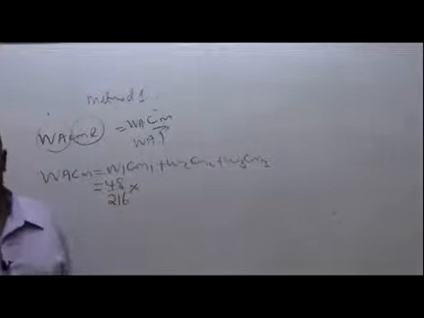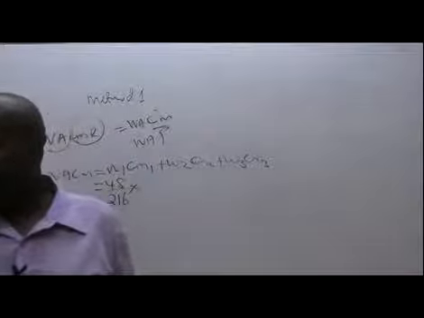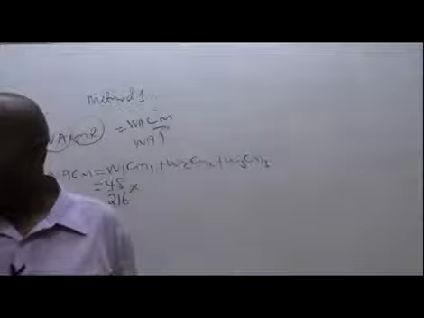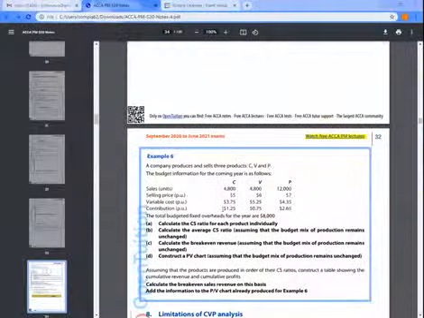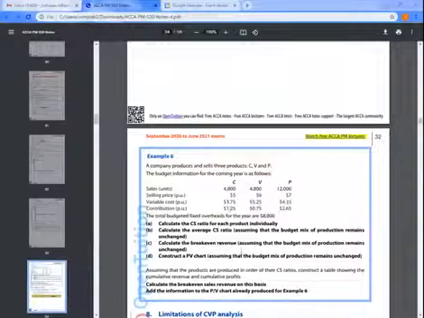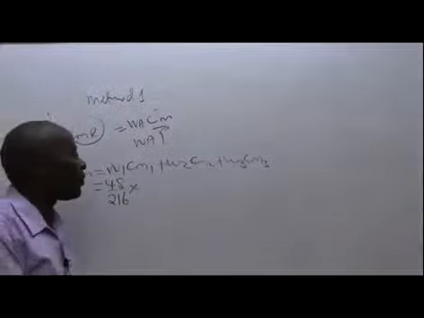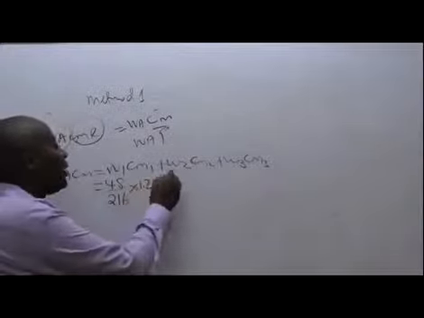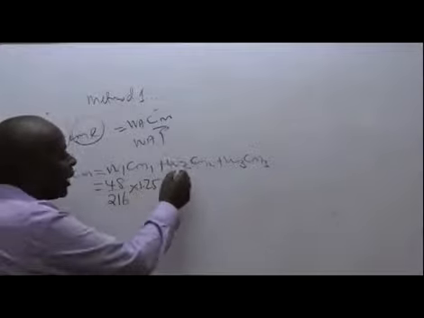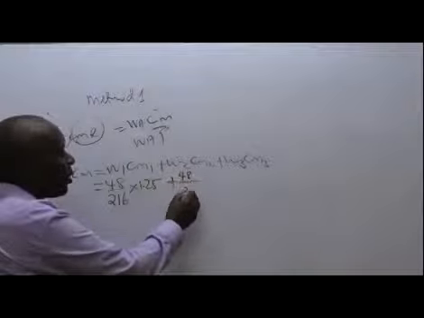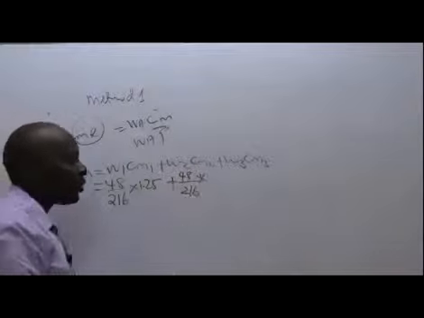Contribution margin 1 has been given. It's here. It's 1.25. The second weight again is 48 over 216 times contribution margin 2.